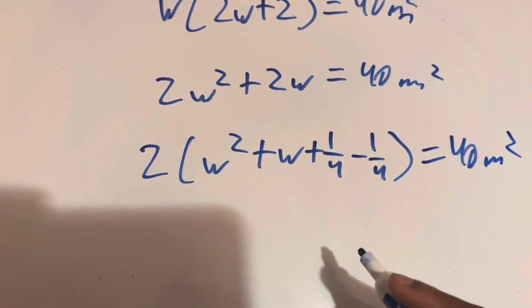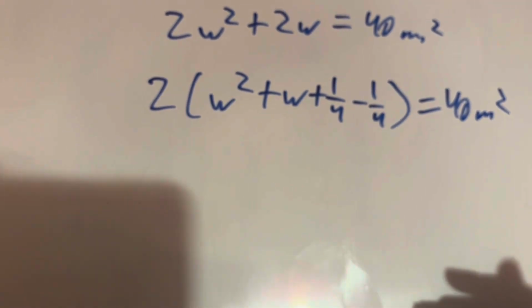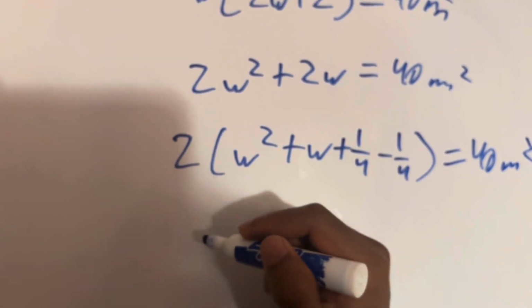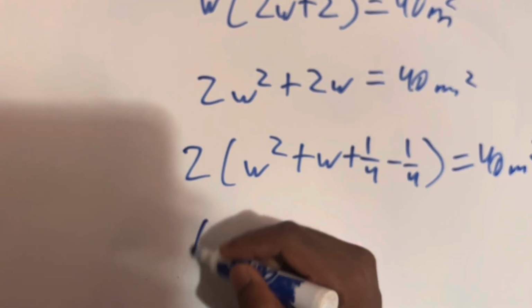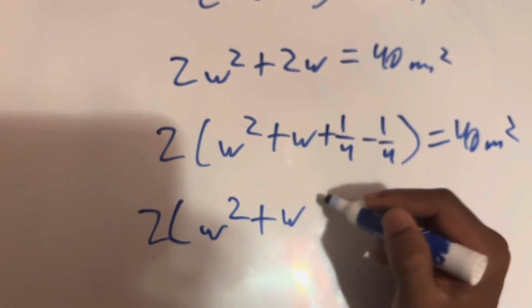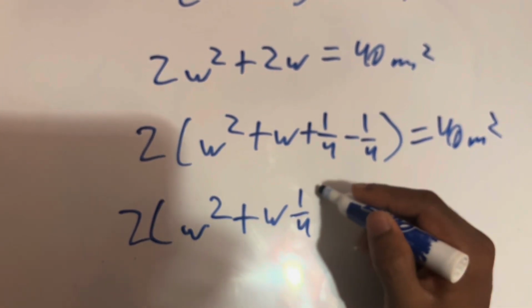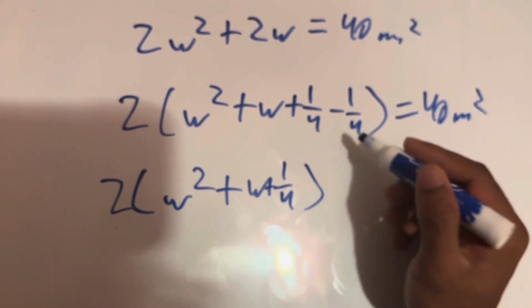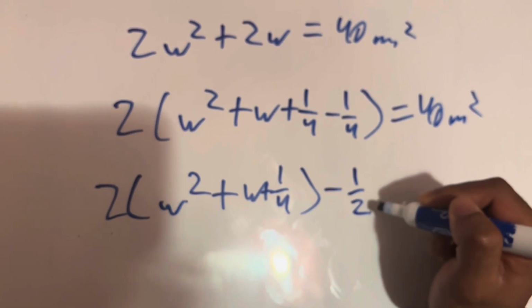Next, you want to pull this out, and then that times that, so it's going to be minus 1 half.